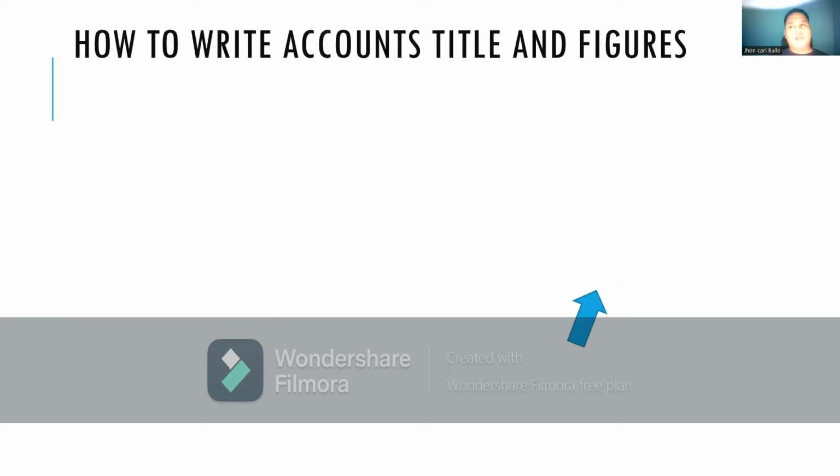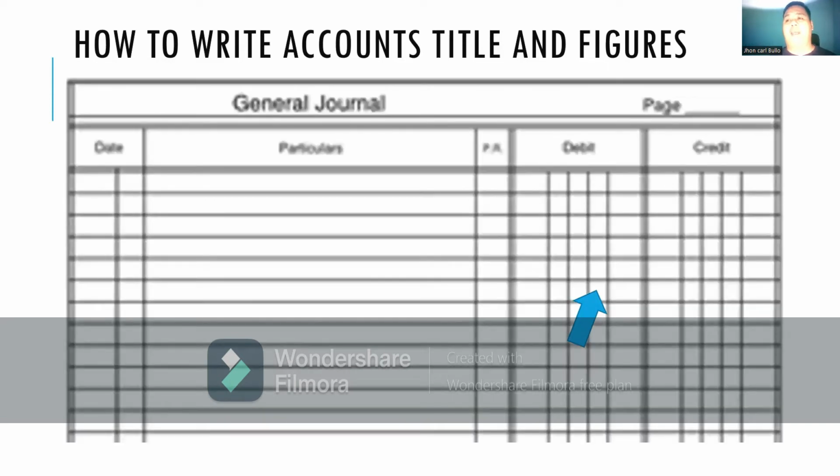Now, the question is, we know how we are going to interpret the different transactions. We have been handed the two-column journal, and the question is how we are able to record those transactions, those dates, and figures. As presented on your screen, this is the interface, or the look, of the journal.